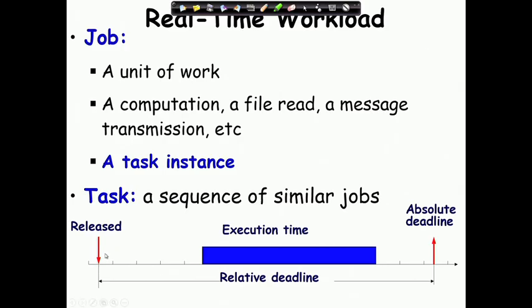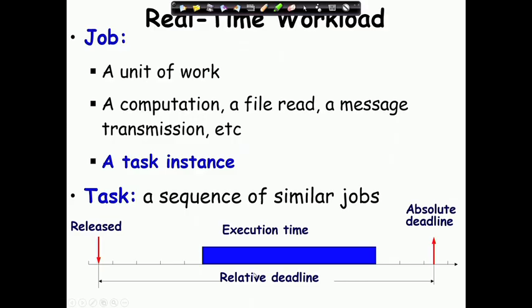So, that is shown here: the task release time, and then the operating system starts to execute the task after some time. So, this is the release time, and this is the start of execution, and it may complete after some time. A deadline is associated with real time tasks, and if the deadline is measured and reported with respect to time 0, we say that it is an absolute deadline.